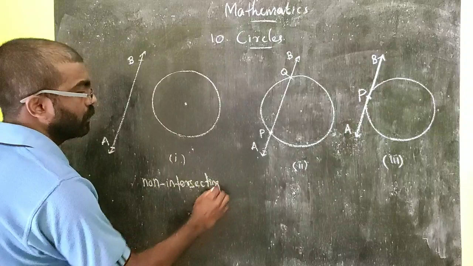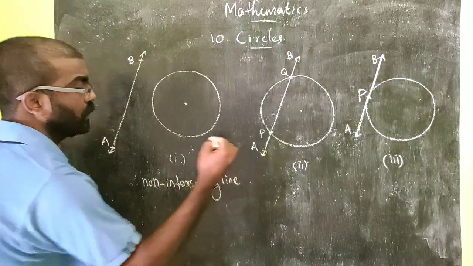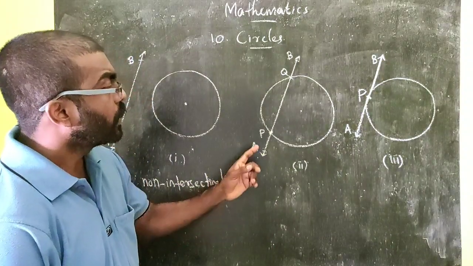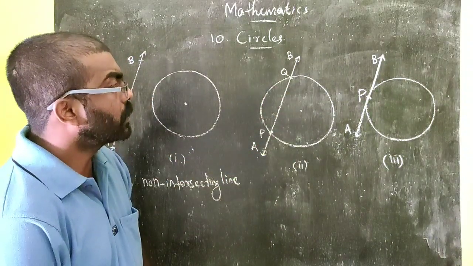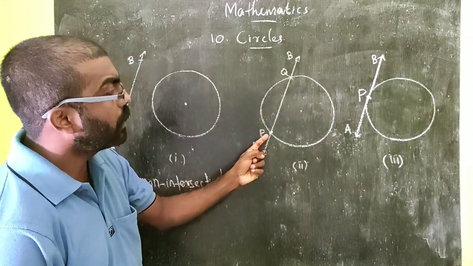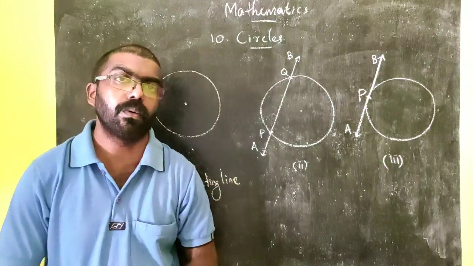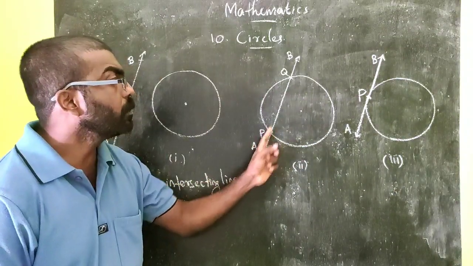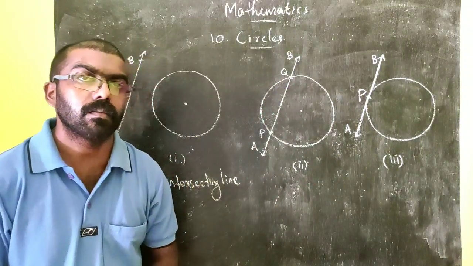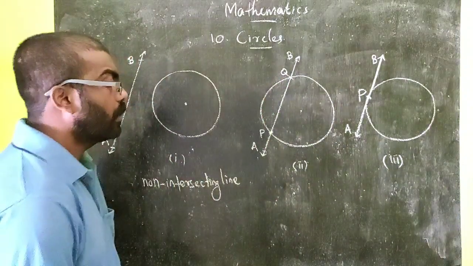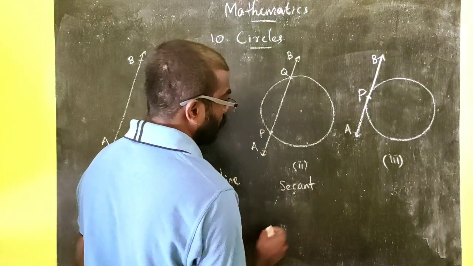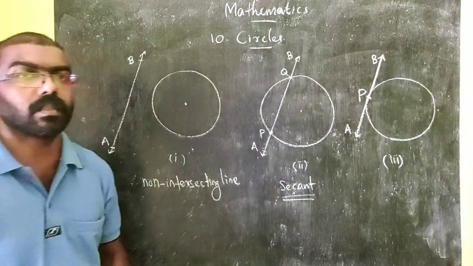And in the second figure, the line AB intersects the circle at two distinct points, namely P and Q. There are two common points P and Q. In this case, we call the line AB a secant of the circle.